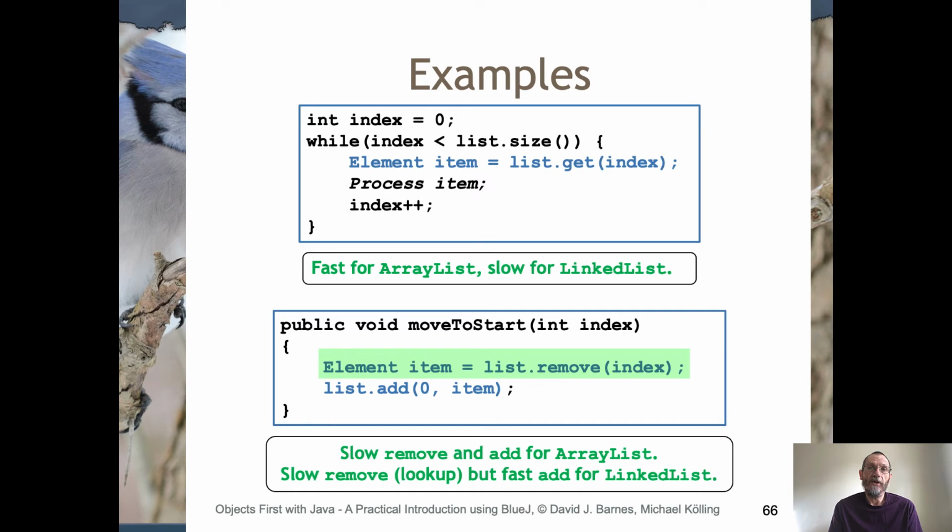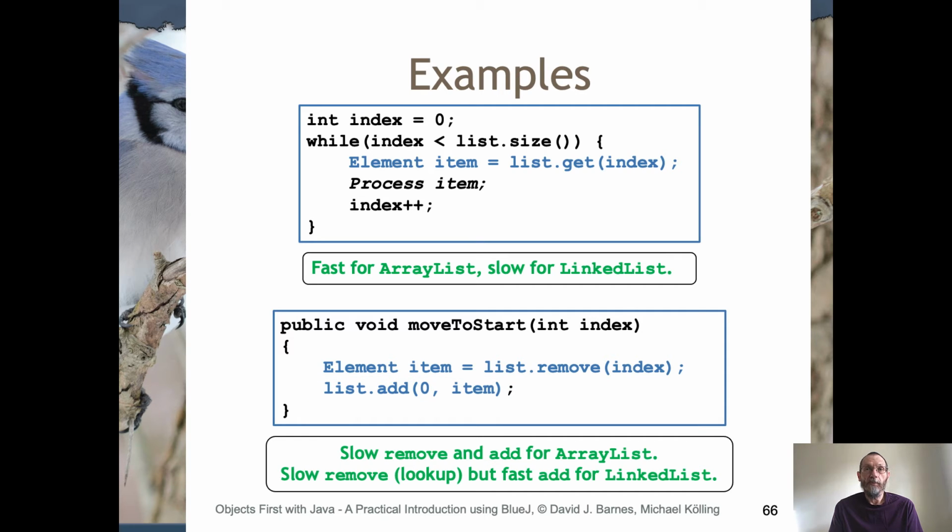Firstly, when the item is removed, then all of those items that follow it in the array list must be moved in order to fill in the gap. And then when we reinsert it at the beginning of the list, then all of the existing items have to be moved right one place in order to make room for the new one to be added.